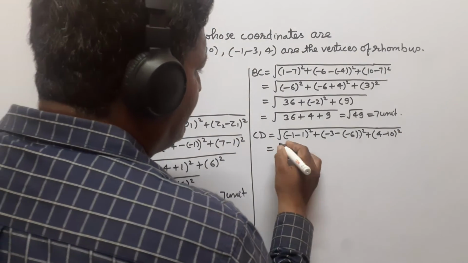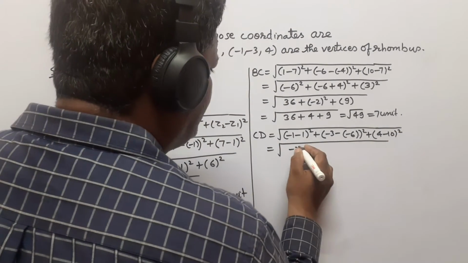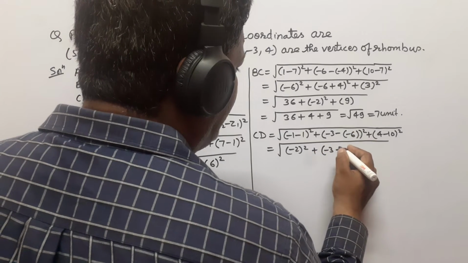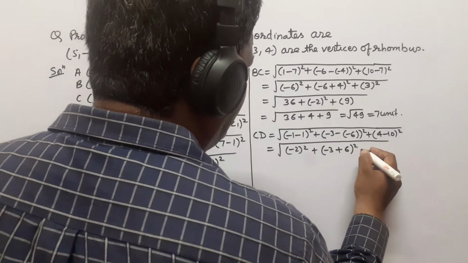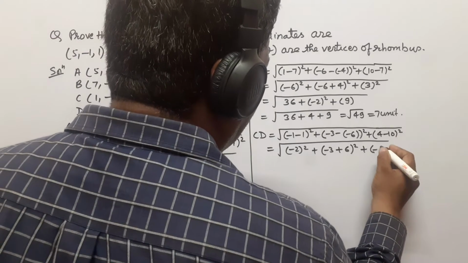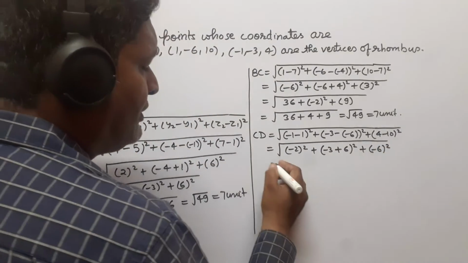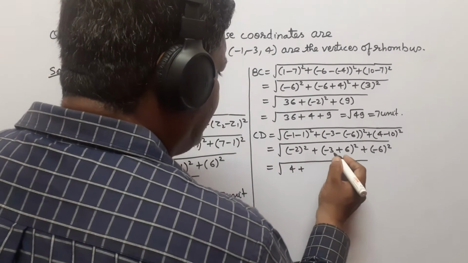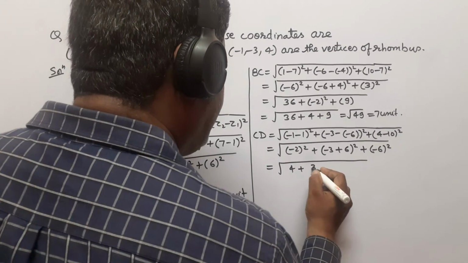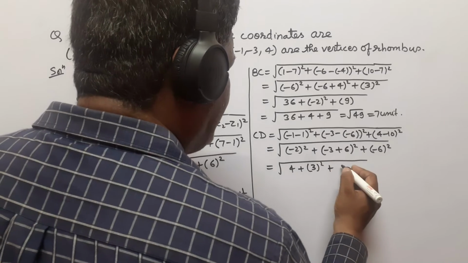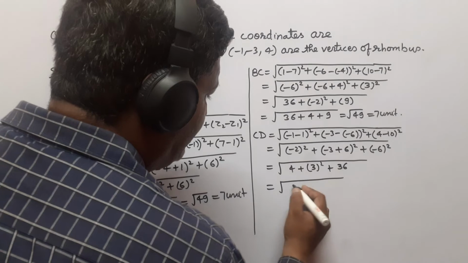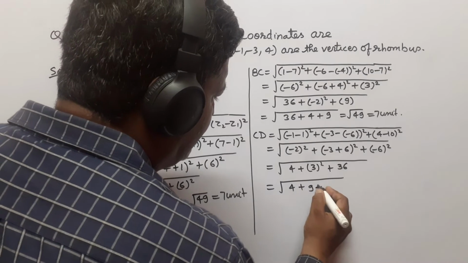So minus 1 minus 1 is minus 2 square, plus minus 3 minus minus 6 is 3 square, and 4 minus 10 is minus 6 square. So minus 2 square is 4, 3 square is 9, and minus 6 square is 36.